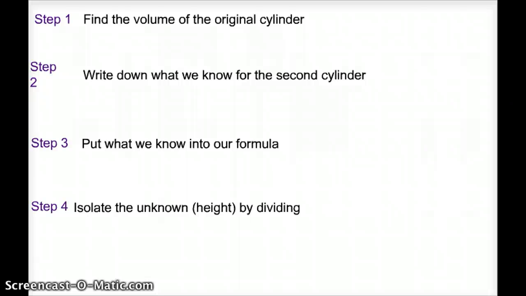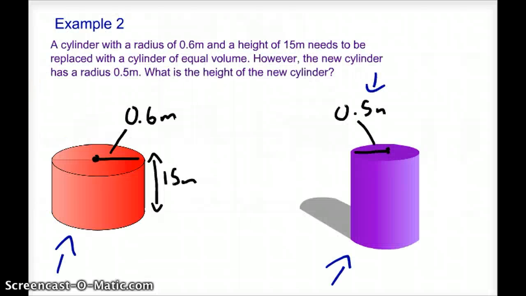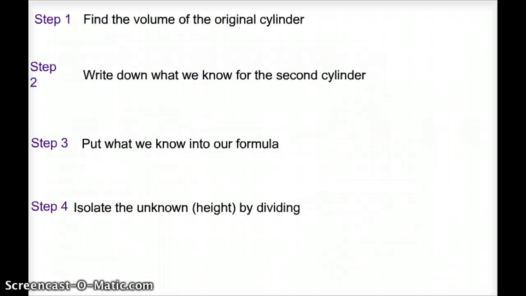So step 1, we're going to try to find the volume of the original cylinder. If you recall from the last page, the original cylinder's radius is 0.6 meters, and the height is 15. Our formula is volume equals pi r squared times the height of the prism.